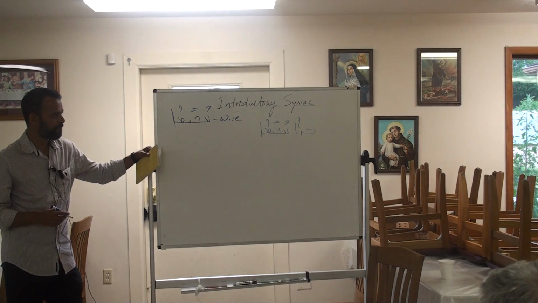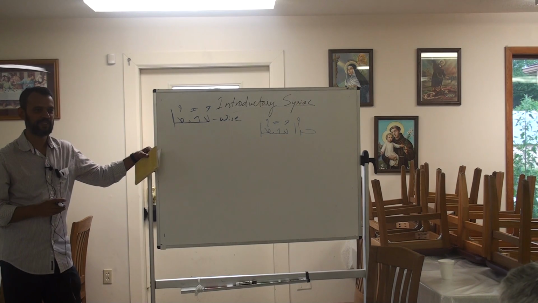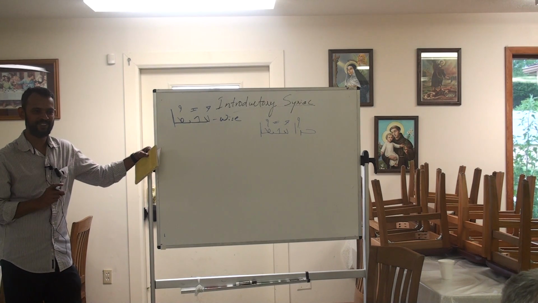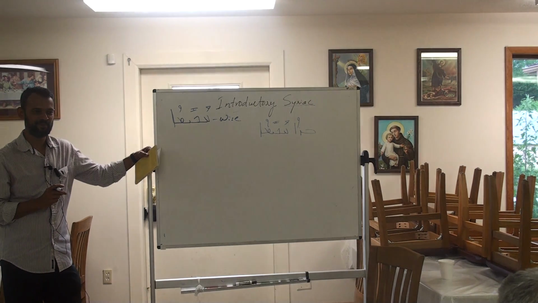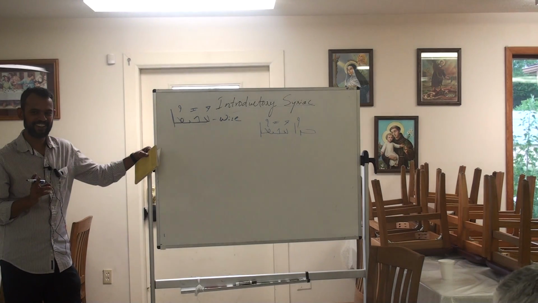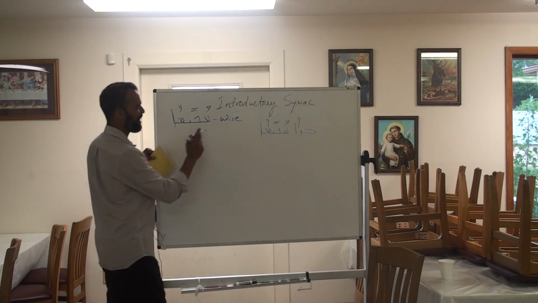Can you read that? Bro Hakimo. What is the meaning of bro? Wise son. Son. So this means wise son.